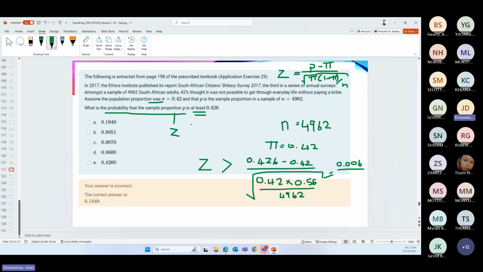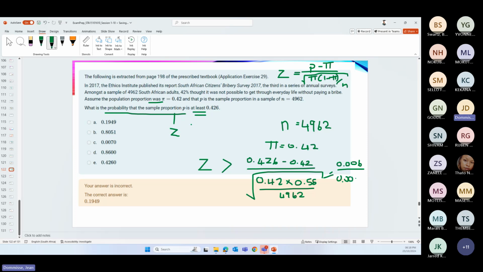And at the bottom, we're going to divide by 0.42 times 0.58 divided by 4962, and take the square root. Okay, so I get something like this, 0.007.